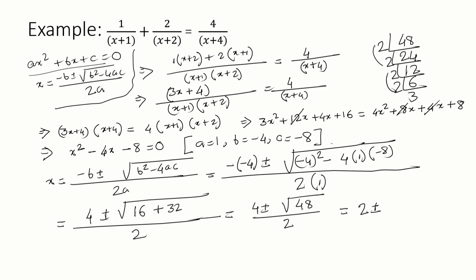From these two 2's we can take out one 2, and from these two 2's another 2, so we get root 48 as 4 root 3, and divided by 2 that gives 2 plus minus 2 root 3. So we get two solutions of this equation. One is 2 plus 2 root 3 and the other is 2 minus 2 root 3.